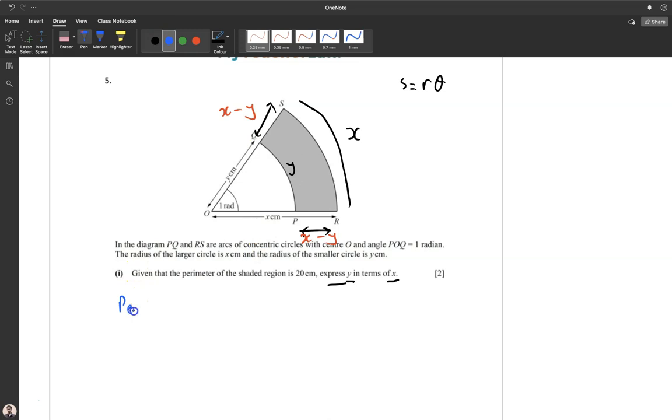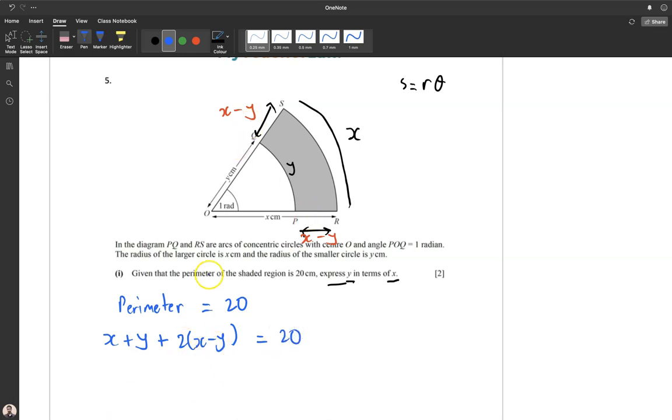So we are given perimeter equals 20. I'm going to take all these values up. x plus y plus 2 times x minus y equals 20. Why did I put 2?